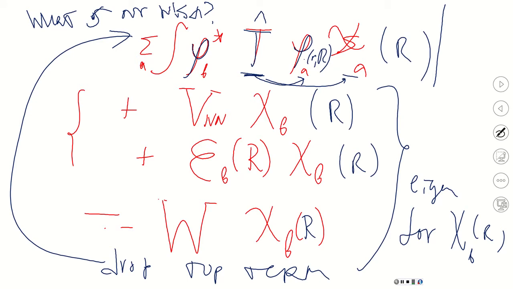These last three terms look very much like Schrödinger equation for nuclear wave function. R capital is for nuclei. And the first term includes some strange things that we may want to remove for simplicity.